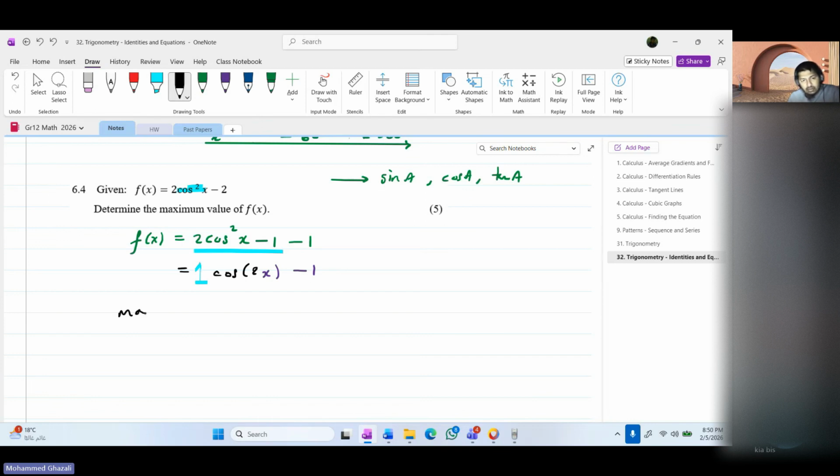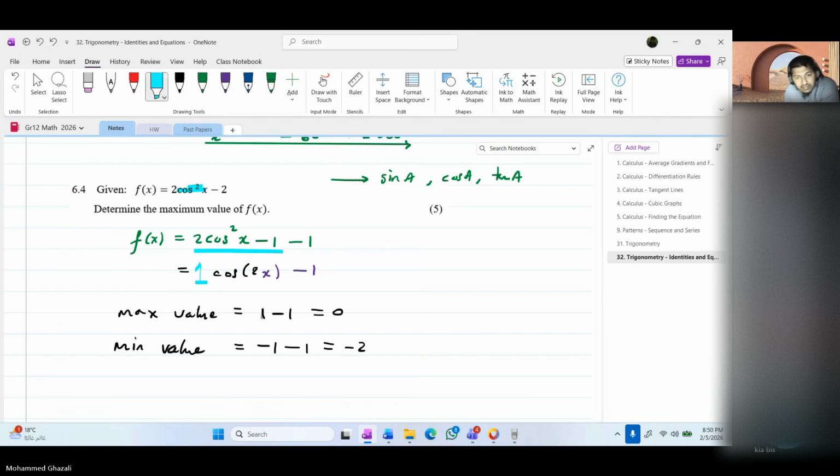So the max value was initially 1, but you're moving it 1 unit down, so minus 1 is going to be 0. And if they ask for the minimum value, it will be minus 1, which is minus 2. The other minus 1 is for the vertical translation. We moved it 1 unit down.